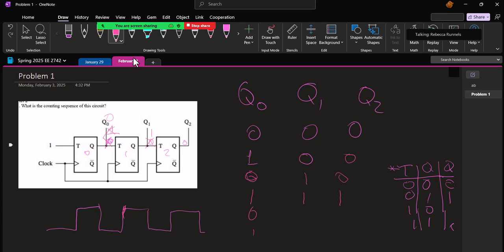Yeah, the Q0 is the input into the T as it's drawn here. Whatever is the input into the T, it doesn't really matter where it's coming from. You look at what its value is, and if it's 0, it stays the same, and if it's 1, it changes. So you look at, what is my input into this T? It's Q0. Well, which Q0? It's the Q0 from the clock cycle before.